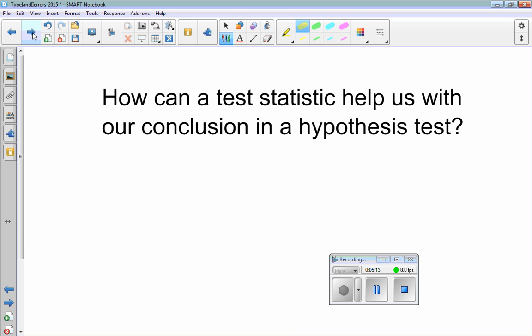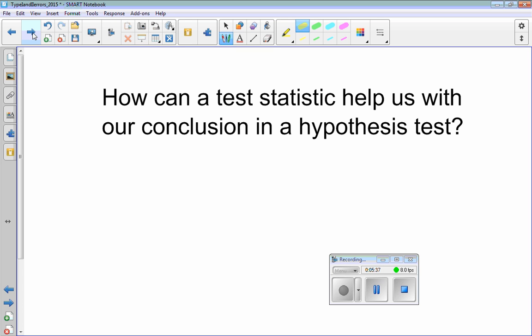All right, so I want to talk a little bit today about this before we jump into the newer stuff. Often, and I'm guilty of this, when I do a hypothesis test, I skip the test statistic. What does a test statistic do?